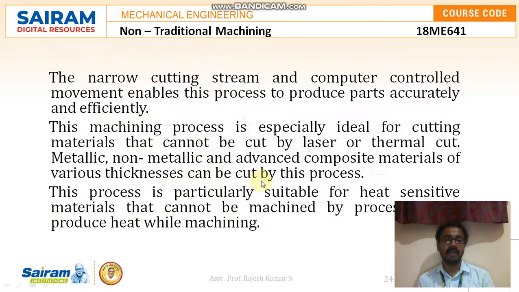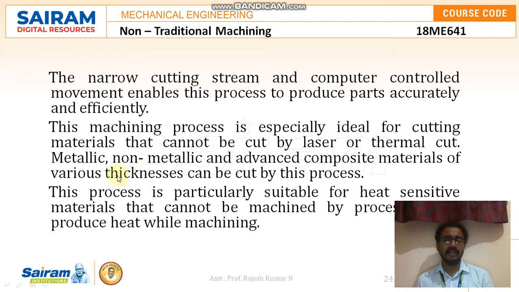Here, the narrow cutting stream and computer controlled movements enable this process to produce parts accurately and efficiently. This machining process is especially ideal for cutting materials that cannot be cut by laser or thermal cutting. We have another non-traditional machining process, laser beam machining, but even if there is any drawback in laser machining, it can be overcome in this particular process.